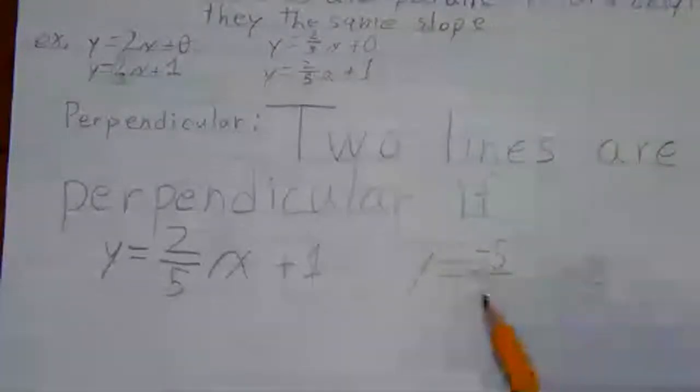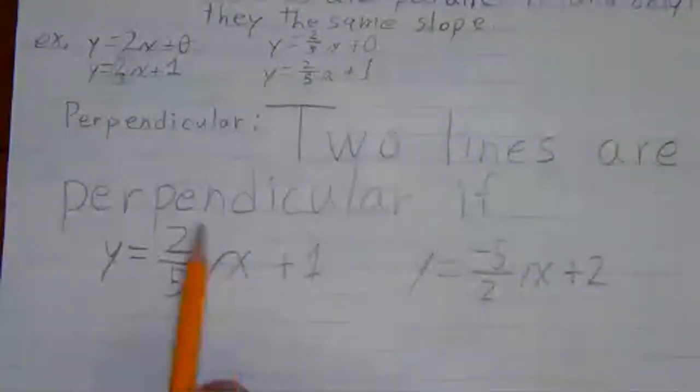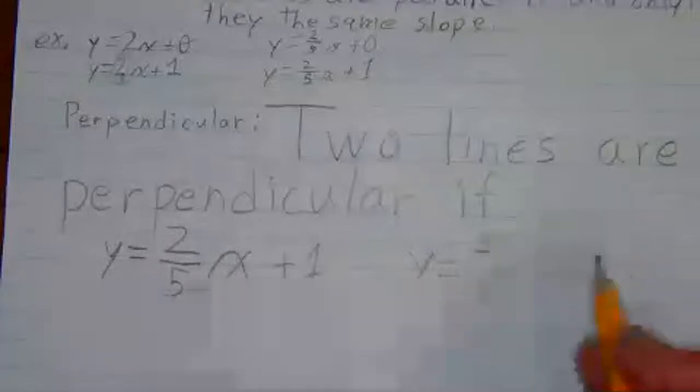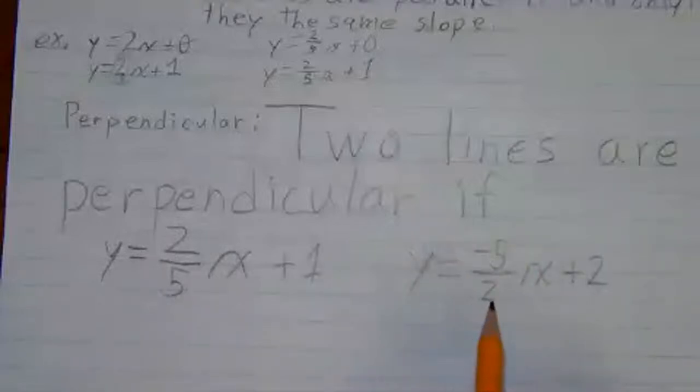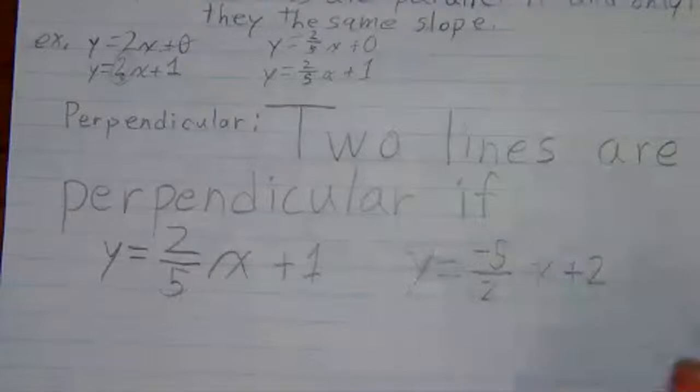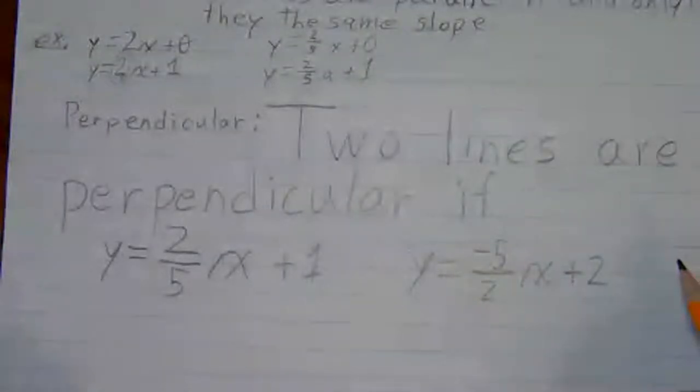You should see, if you look at these two, so a line with a slope of 2/5 and a line with a slope of -5/2, that they end up being perpendicular.